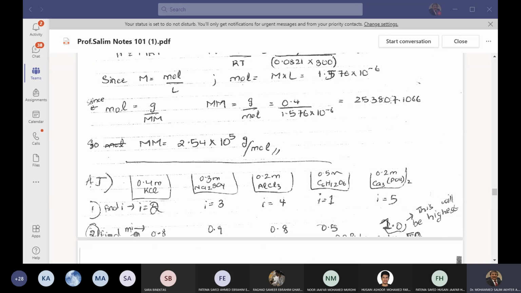So moles of MCl3 equals 0.2836 multiplied by 0.725, and the answer is 0.2056 mole. 0.2056 mole equals mass divided by molar mass.